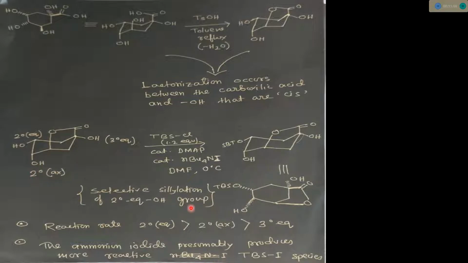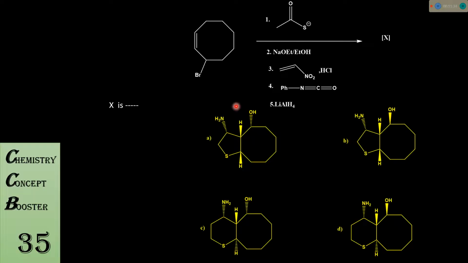And this is the rate of TBS protection: 2 degree equatorial, then 2 degree axial, then 3 degree equatorial. So I think you all understood the whole mechanism and the stereochemistry: the cis OH and cis carboxylic acid will take part in the lactonization process. So let's move to the next question.